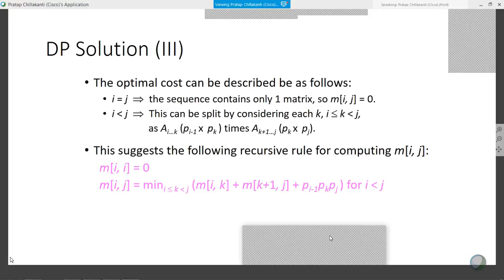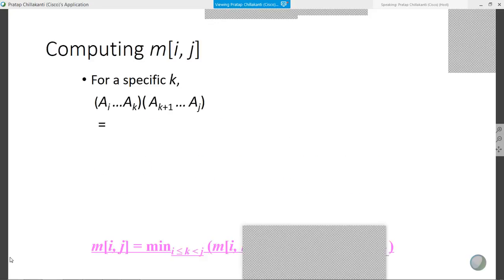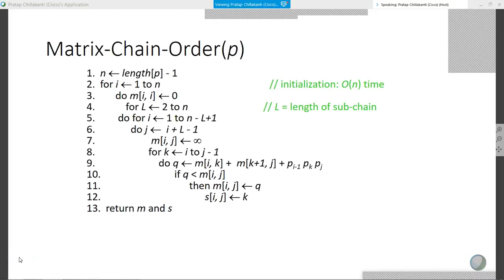When you're filling out the table, this is the formula that you use. Again, no need to memorize it. Fill out the table and see what you get.